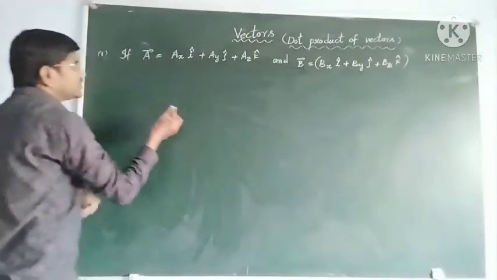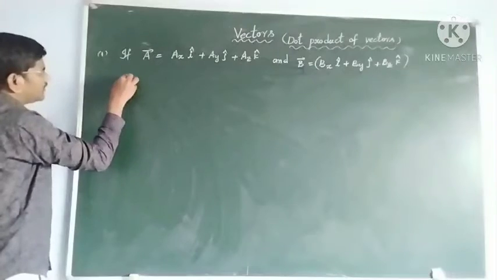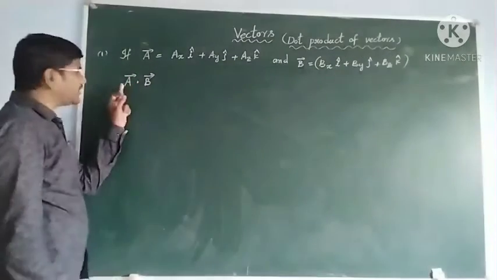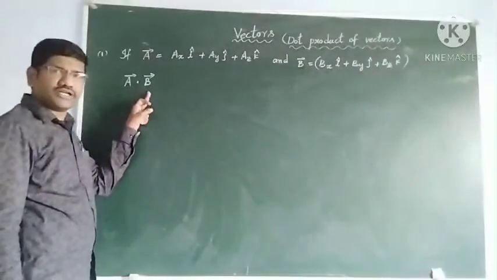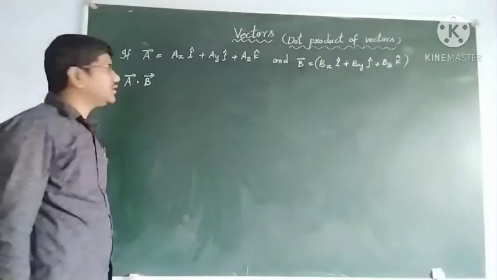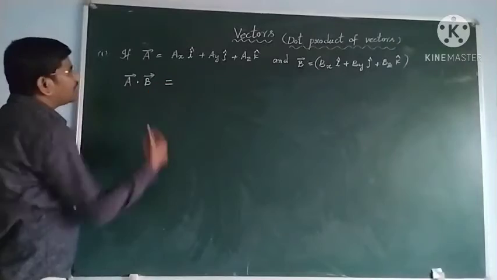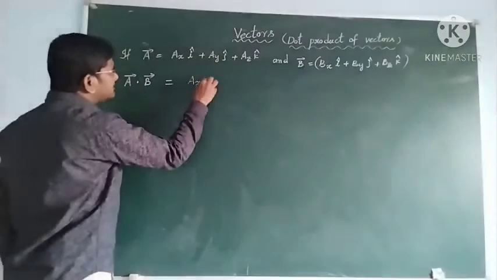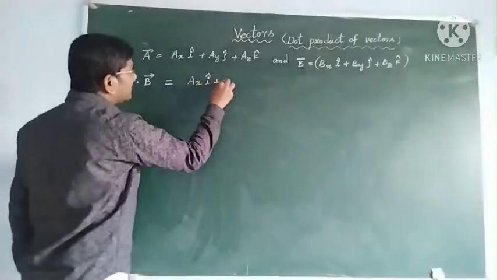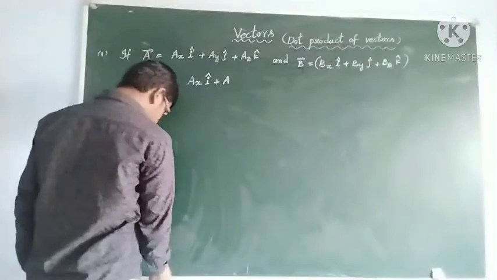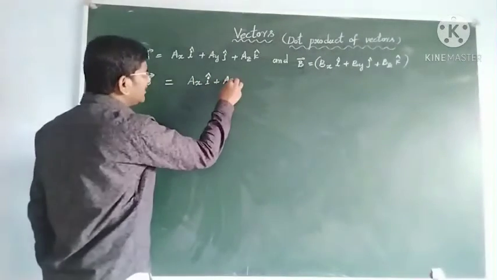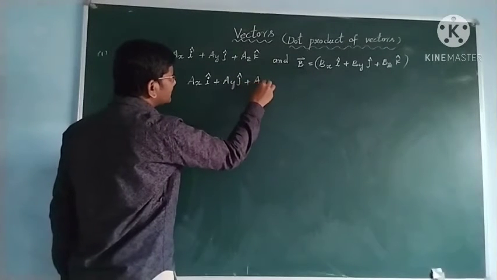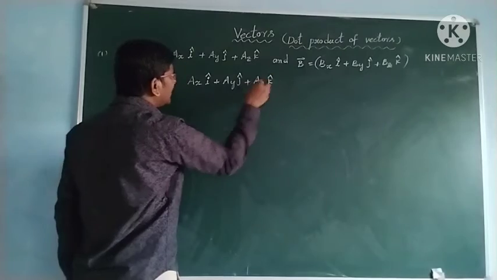Okay, students. So now A bar dot B bar. We read it as A bar dot B bar. So A bar dot B bar is equal to A bar, meaning Ax into I cap plus Ay into J cap plus Az into K cap.